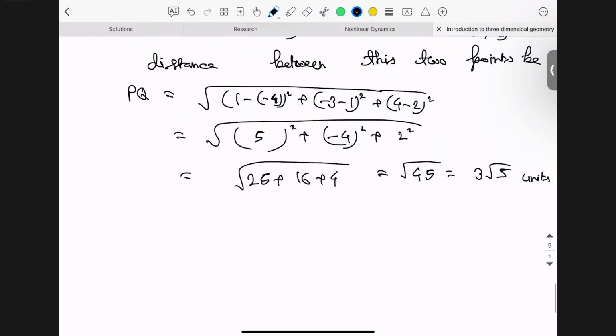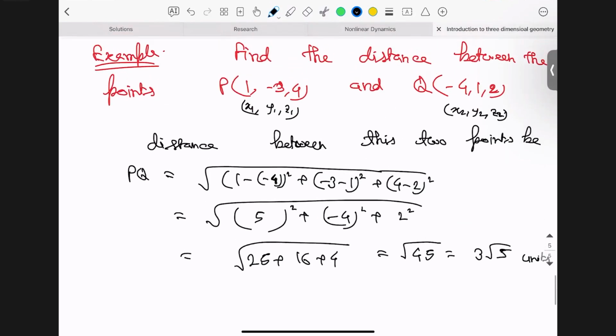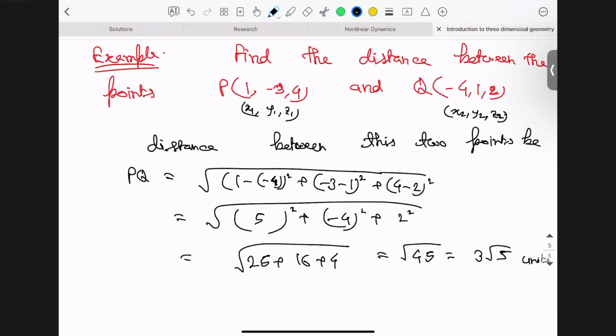Now, why have I written units? Because you must use this unit term if the distance is not given with any measurement. Otherwise, it will be in centimeters, meters, or anything else. But whenever no measurement is given, please write units. Next, go to the next example.